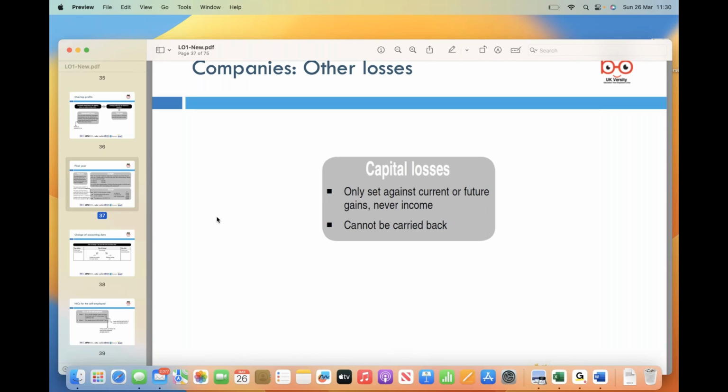It is not possible to carry back capital losses to set them against previous years' gains. So it is important to consider the timing of any capital gains and losses, as well as any available exemptions or reliefs, in order to effectively manage the overall tax liability.